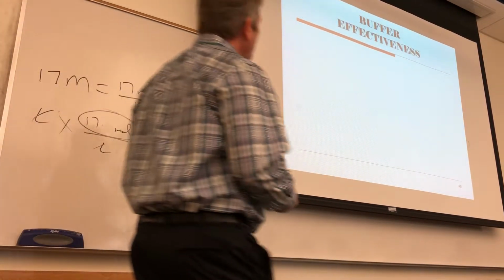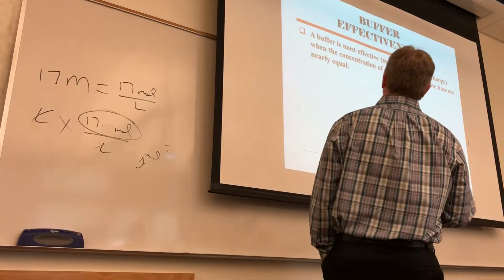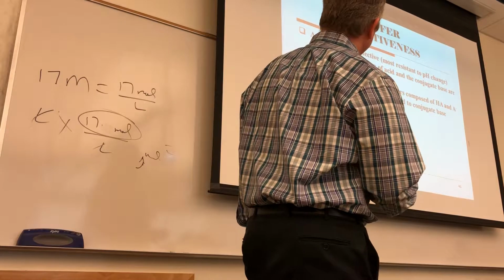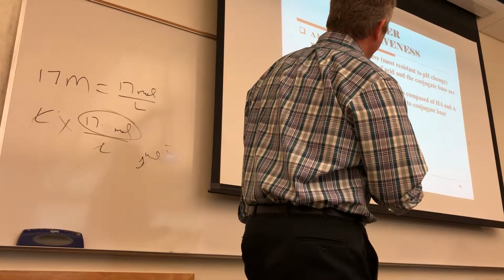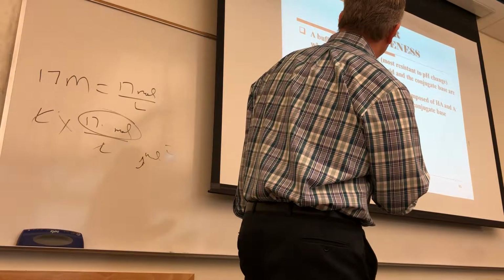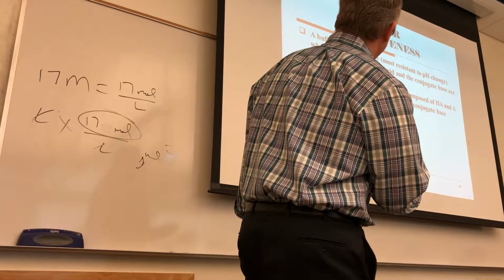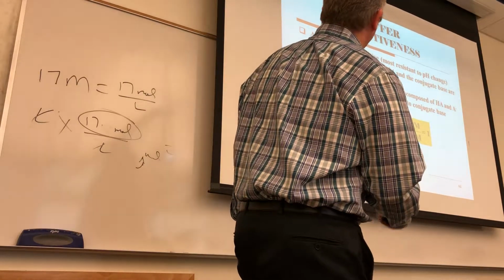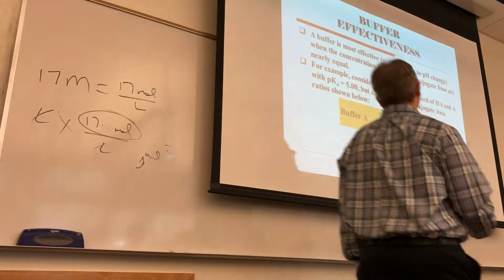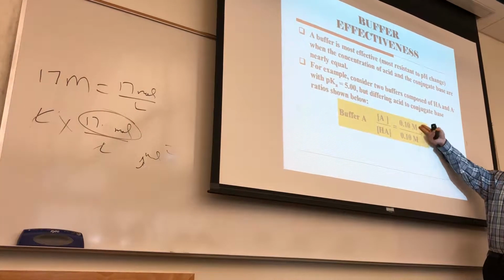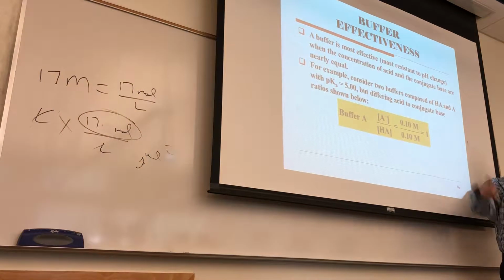Now, this is something I did go over already, so I'll just briefly talk about it. You have two buffers composed of a weak acid and its conjugate base with a pKa of 5, but differing acid to conjugate base ratios. What they want to show you here, and this is what Harash just asked, is that the best ratio is 1, and I've said that over and over.